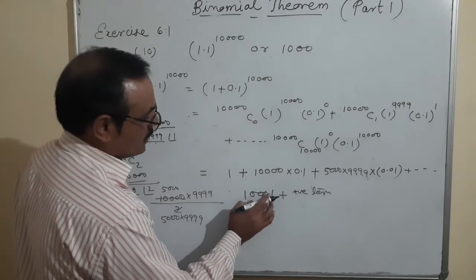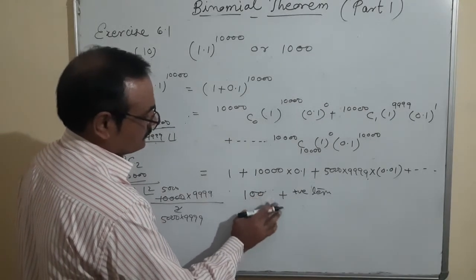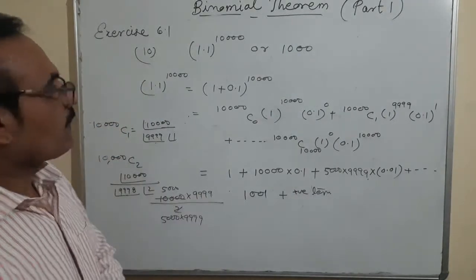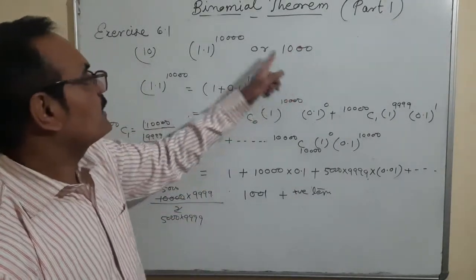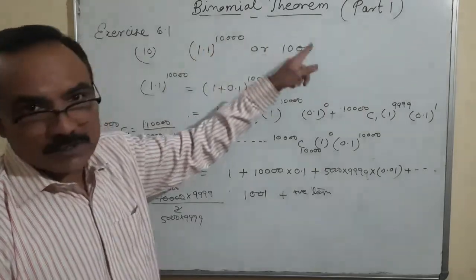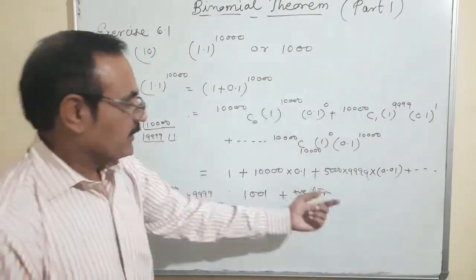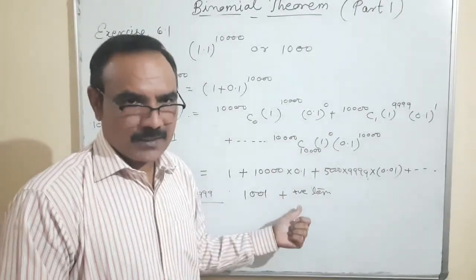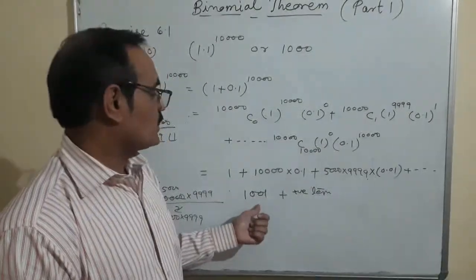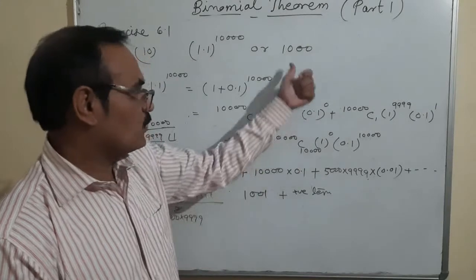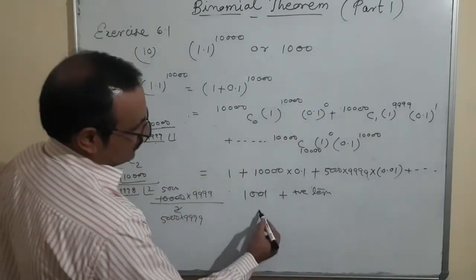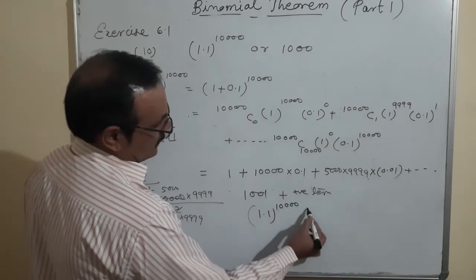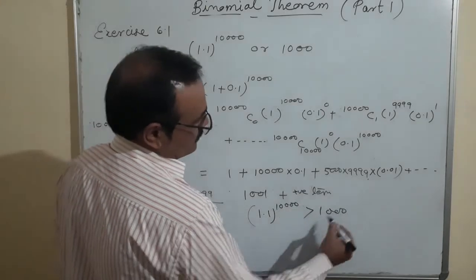So it is 1,001 plus positive term. A positive term will increase the value, it will never decrease the value. So the value is increased, 1,001 is more than 1,000. What does it mean? 1.1 to the power 10,000 is greater than 1,000.